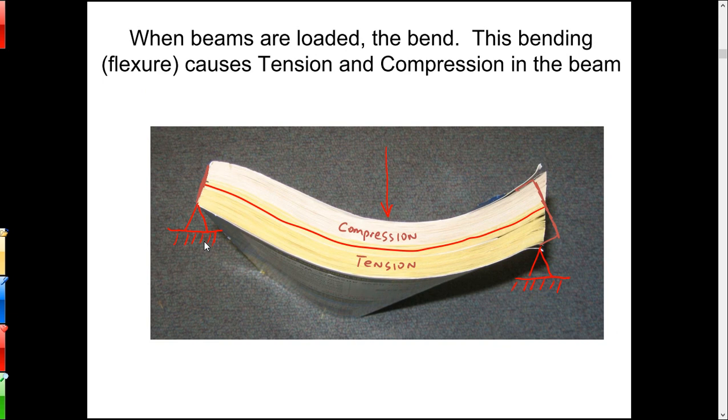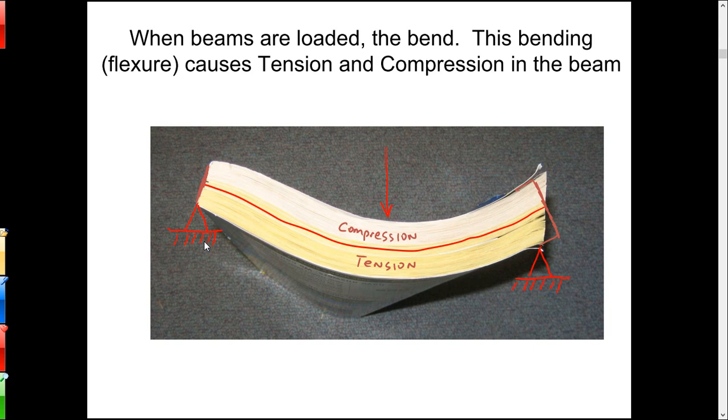And I've just got a phone book here that I'm using to represent a beam. Notice what happens when I bend the phone book. Notice with the phone book, I've got a binding on the left, loose pages on the right. The binding kind of represents what happens there with an actual beam. The pages you can think of as being sheets of atoms that are bonded together.